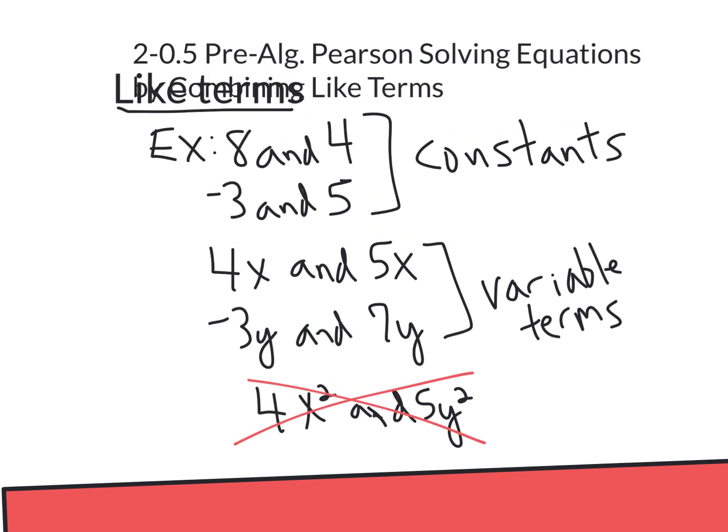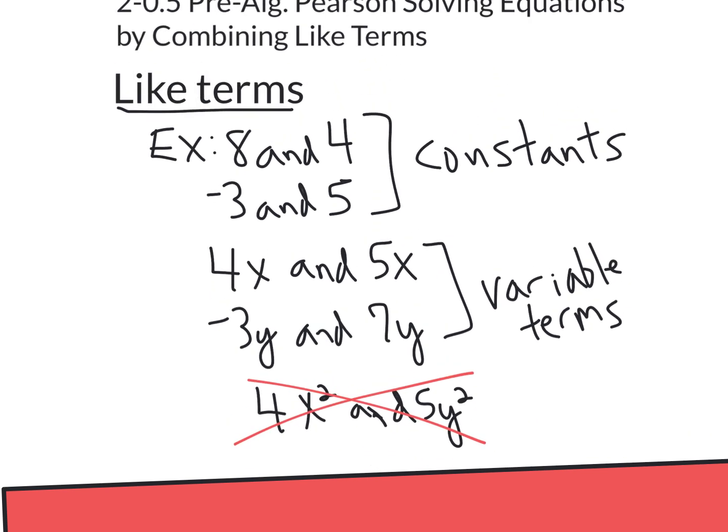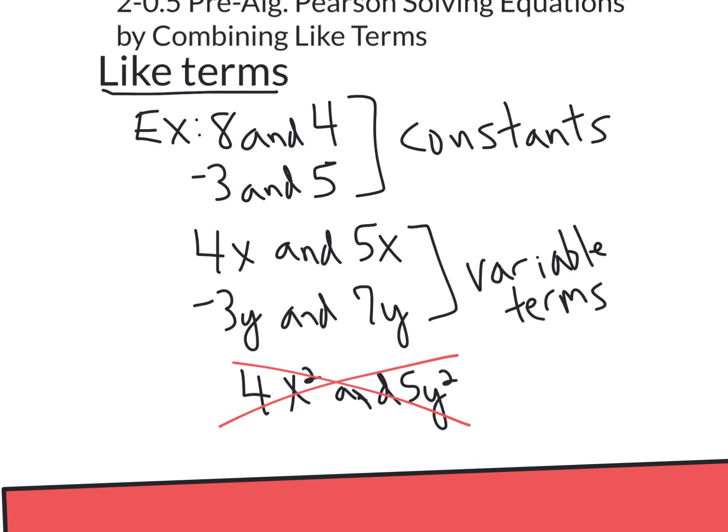An example of something that's not like terms, a non-example, 4x squared and 5y squared are not like terms because they have different variables. So if they're just plain numbers, those are like terms. If they have variables, the variable part has to be identical for them to be like terms.